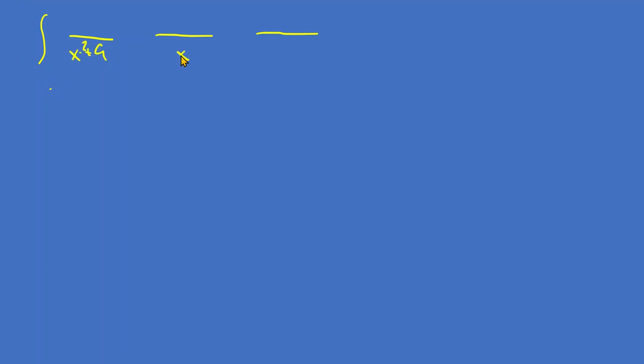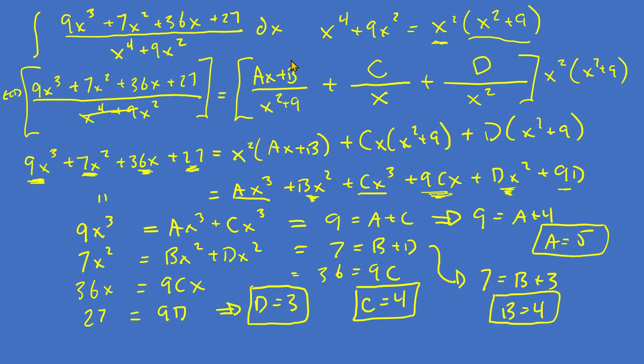And then we had x here and x squared. Our coefficients were 5, x plus 4. So we had ax plus b over x squared plus 9. A is 5, b is 4.